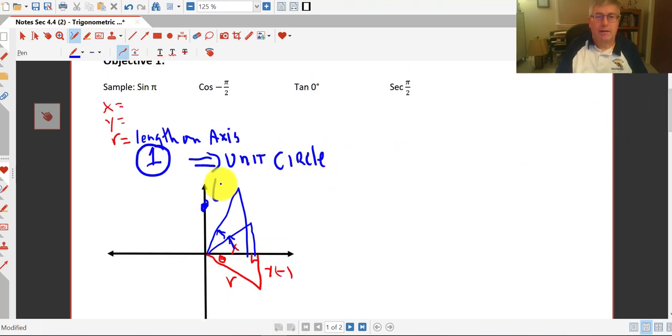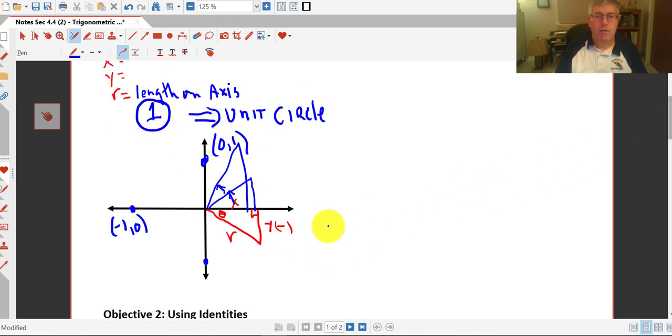So at pi over 2 or 90 degrees, our ordered pair was 0, 1. At pi or 180 degrees, our ordered pair was negative 1, 0. At 3 pi over 2 or 270 degrees, our ordered pair here is 0, negative 1.